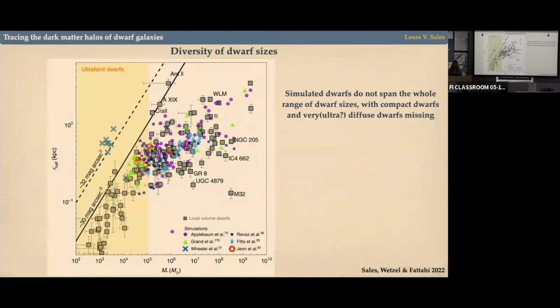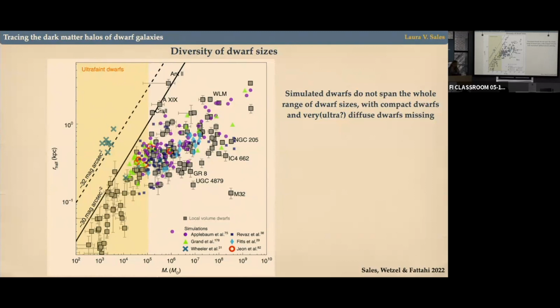They have a large sample of dwarfs. They pick up some of that variation, but very compact dwarfs are a problem. And very extended dwarfs are also a problem. They are not that common in our simulations. And it seems like the local group has no issue forming things this extended.